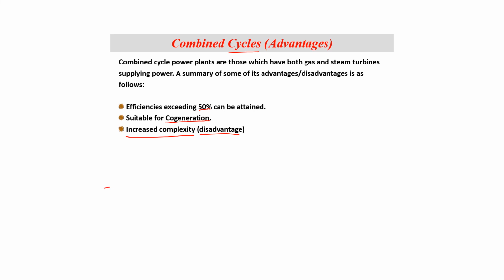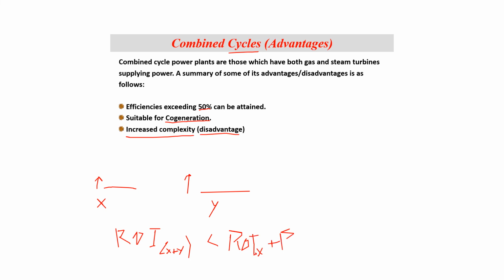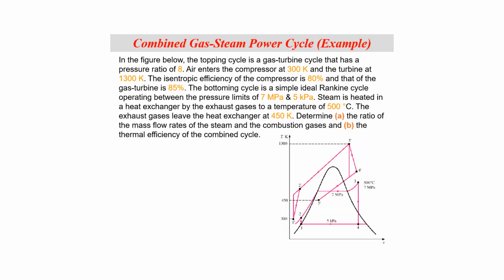So for example, the gas turbine can give you a return X, and the steam power plant gives you a return on investment Y. So the return on investment ROI of X plus Y will always be less than ROI X plus ROI Y. Okay, this is the basic concept that you can increase the efficiency of both of the cycles, but overall you have to add a lot of initial cost to the systems.